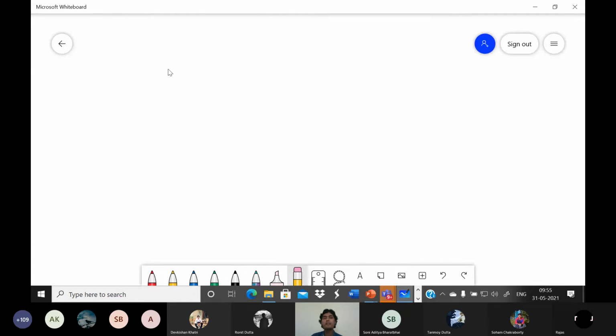So if this is a protein, N terminus, and this is C terminus, I'm just ignoring the alpha helix and beta sheet right now. Okay, so now you have multiple amino acids. So one amino acid out of those 20 is called cysteine.